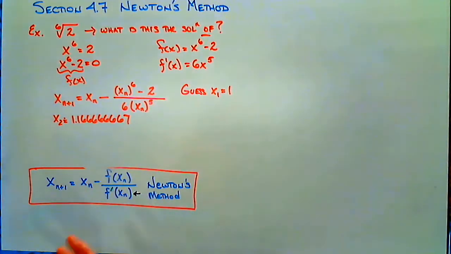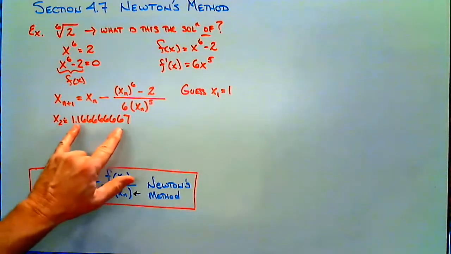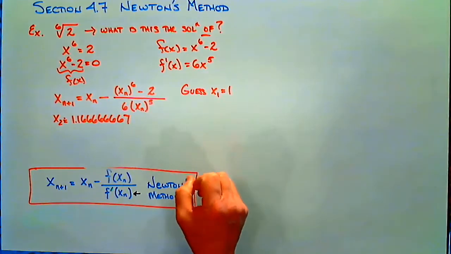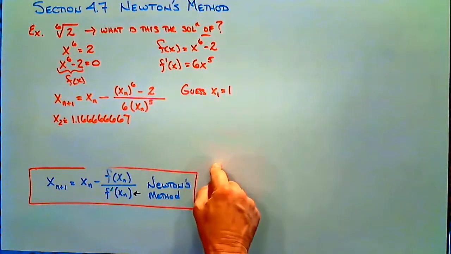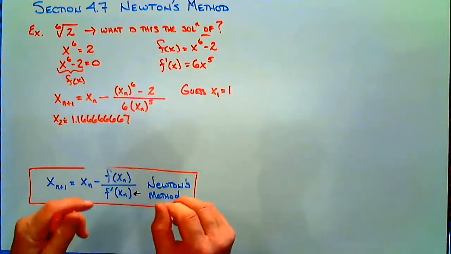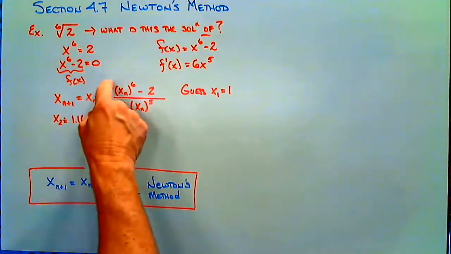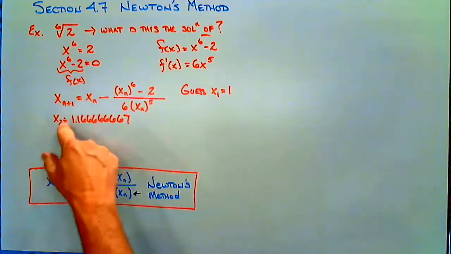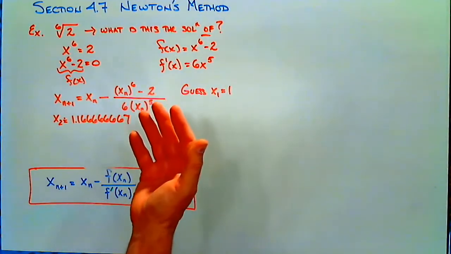Now, again, if we had a programmable calculator, programmable calculators have a button where you hit second something, and the answer becomes your input, and we could input that number into here, kick out an x of 3, input x of 3 into here, kick out an x of 4.